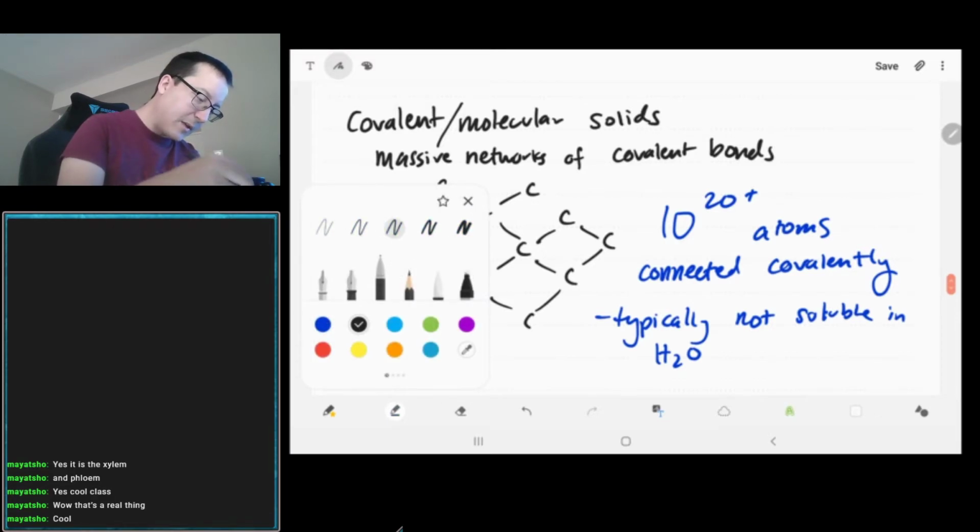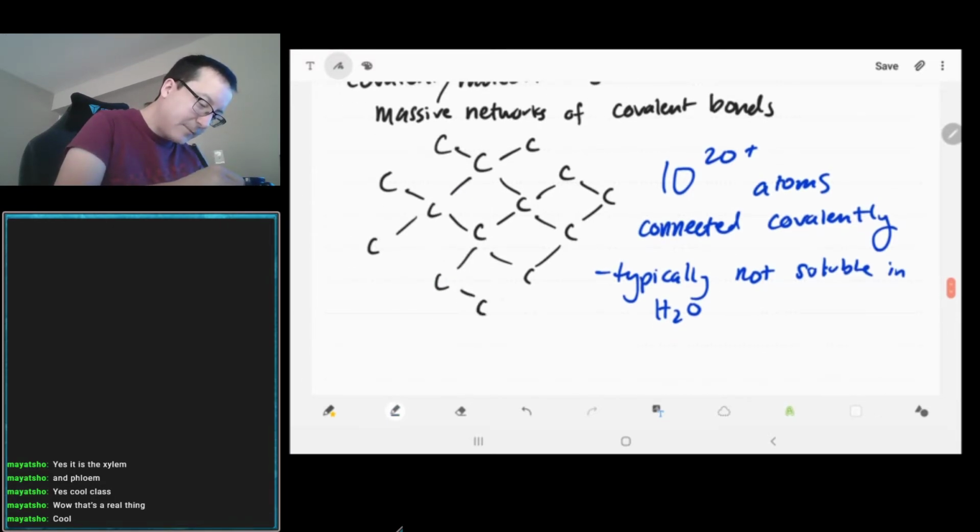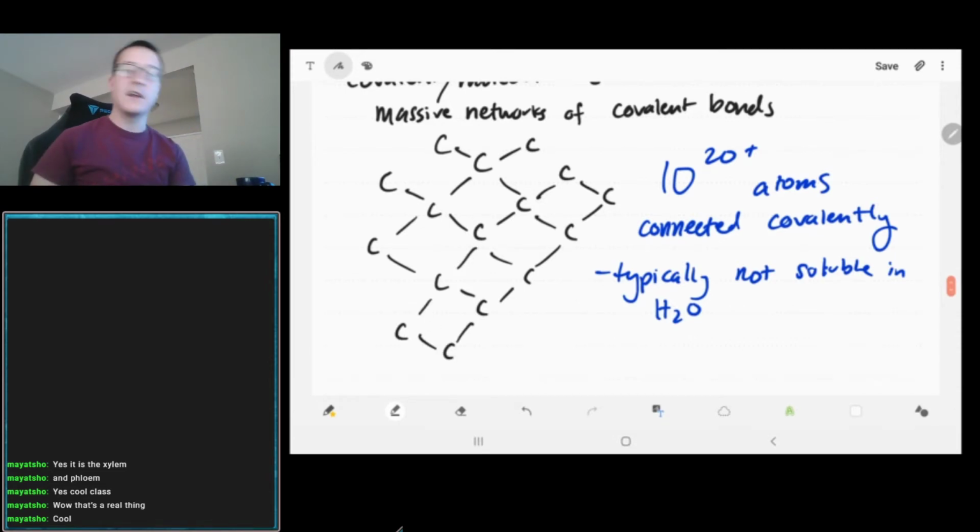So something like a diamond like this, where we just have all these carbons connected to each other, the whole thing is going to be non-polar, just all carbons. But something like a protein, where you have tons of these different molecules connected to each other covalently, many proteins are soluble in water. Some are not, but most are, right?